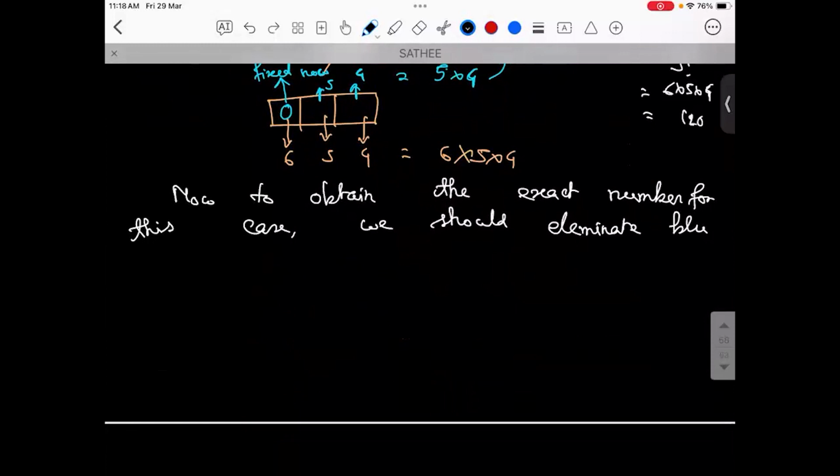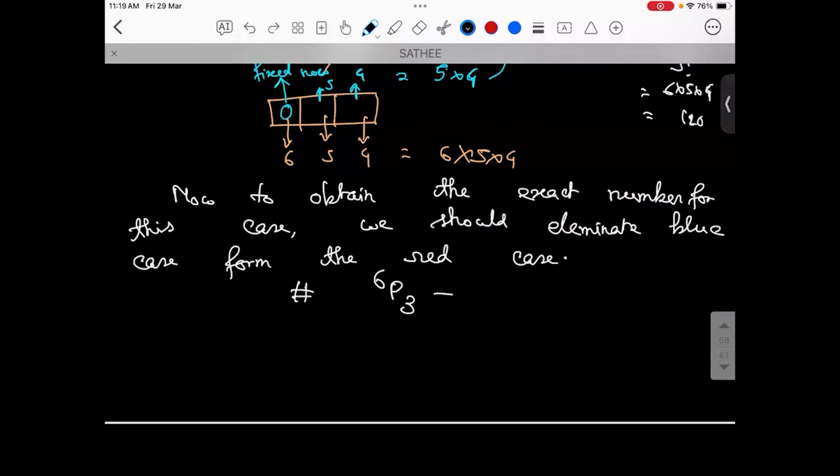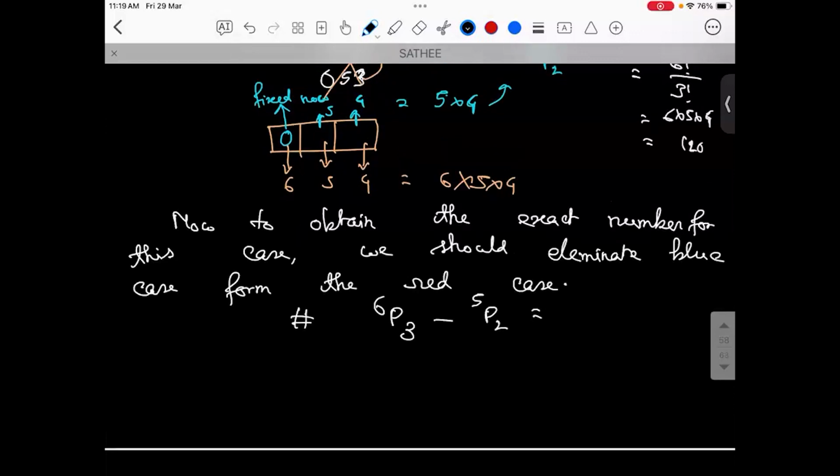The blue case from the red case. So the number will be 6P3 minus 5P2, which will be the number 120 minus 20, which will give us 100.